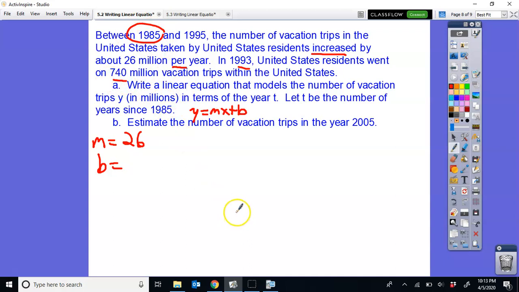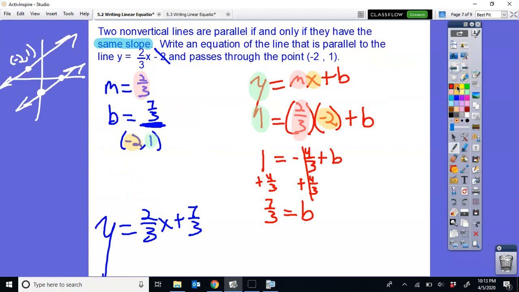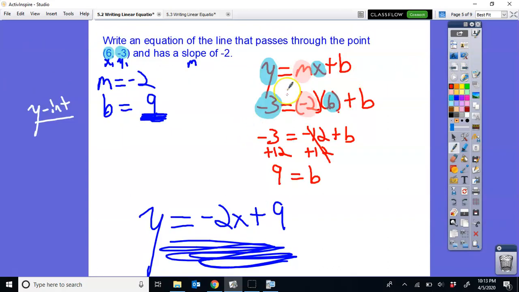Remember, the beginning year was 1985. 1993 is 8 years later. It's not the beginning. So that is actually a point, just like we had on these other problems back over here where we had the m and a point.